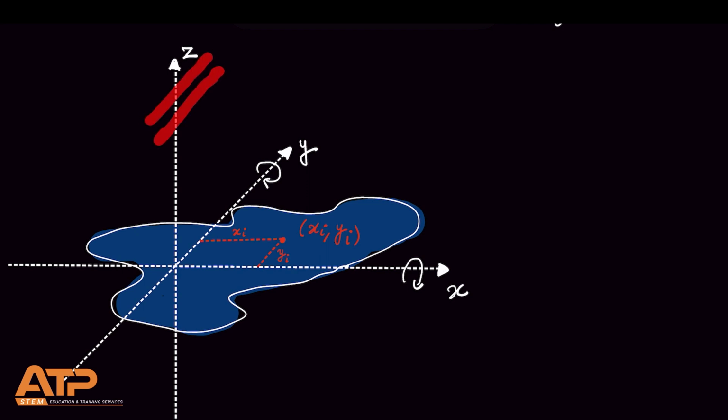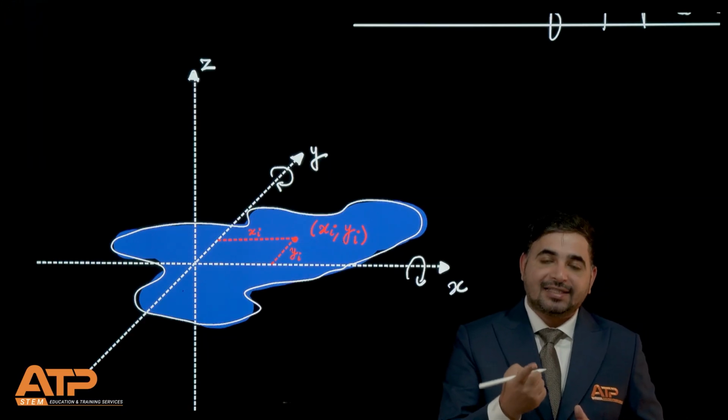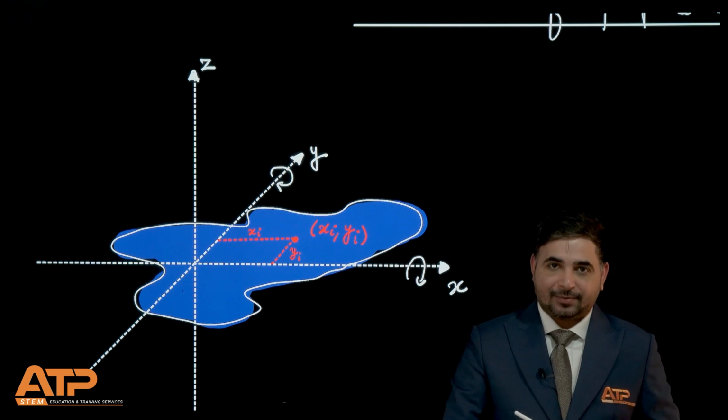So this is the axis which is normal to the plane of the body. Okay, so if this is my x-axis, and if I take any random point over here with its coordinates xi and yi, what is the distance from x-axis? That distance will be yi. Y coordinate gives us the distance from x-axis.